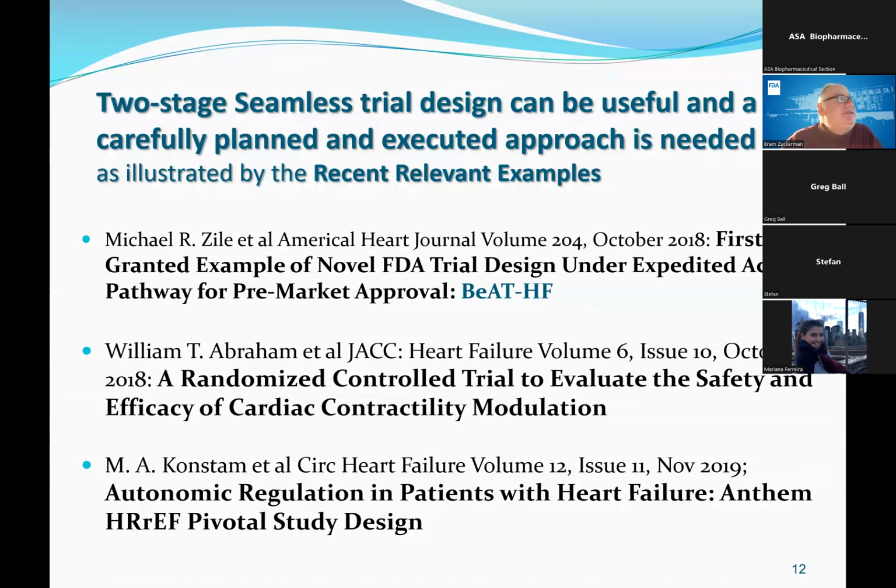So this two-stage seamless trial design has caught on in the heart failure device arena. In Vivian's excellent introduction, she indicated that most device companies are unable to do very large randomized trials, certainly with their first pivotal trial.